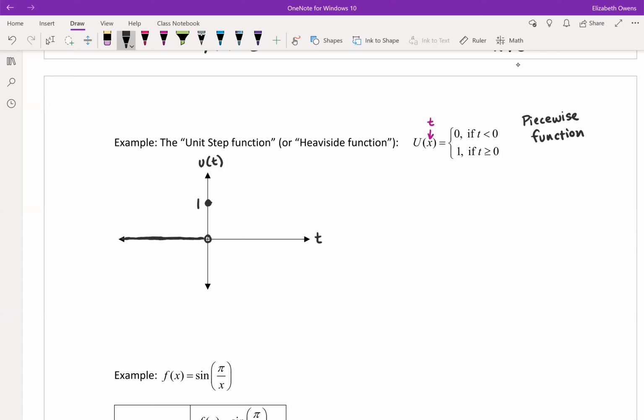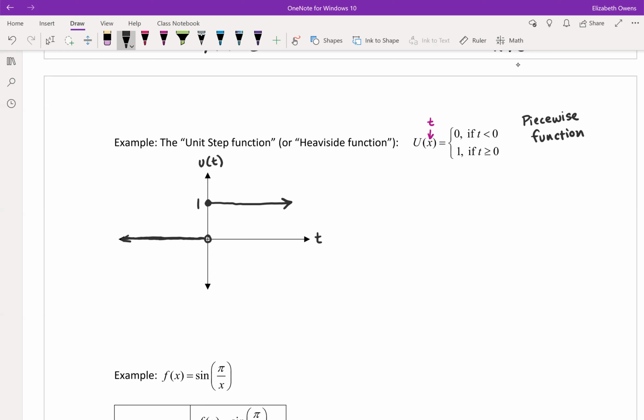So we would put a hole to show that this piece of the piecewise function has switched off, and that we are now switching up to here with a value of 1. And then when t is equal to 0 or greater than 0, the value is 1, and it just keeps going like that. All right, so that is what the unit step function looks like.